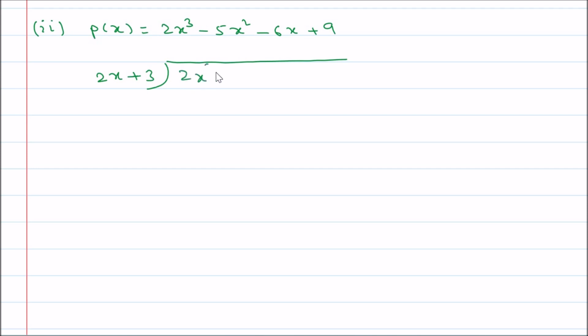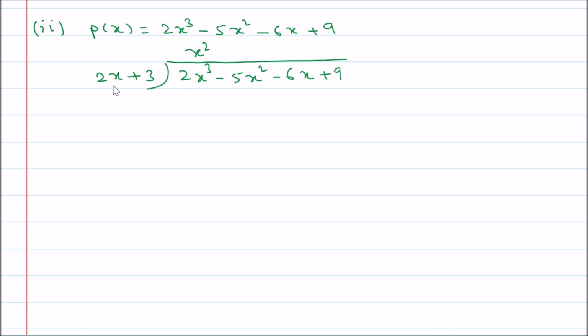So, let me write it here: 2x cube minus 5x square minus 6x plus 9. So 2x plus 3 we have as the divisor. So we have to bring here 2x cube. So 2x cube we can get if you take x square in the quotient part.